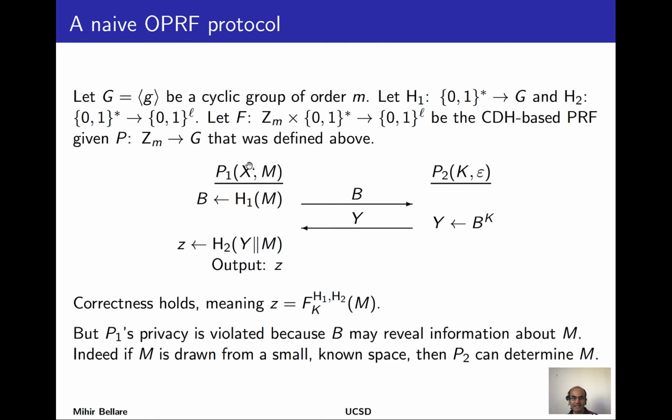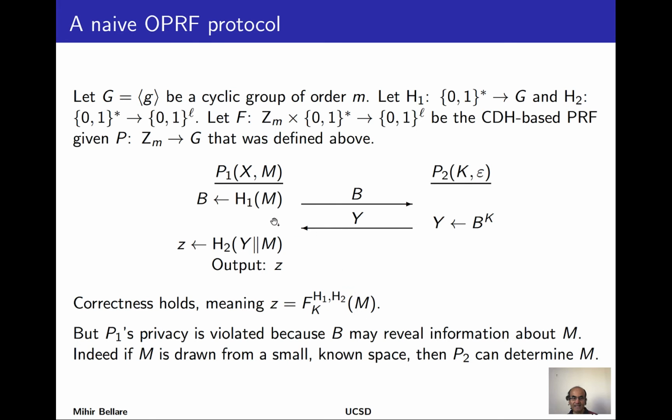So now party 1 has the message and it has this public key corresponding to it, which here is g to the power k. Party 2 has the actual key k underlying the PRF. And what party 1 wants is to obtain this quantity here, which is the function applied to m.